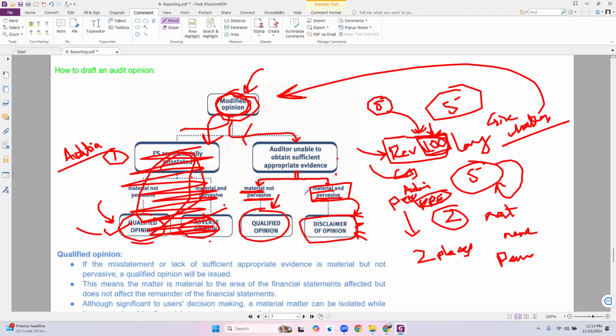I am giving a disclaimer of opinion because I have not been able to gather sufficient and appropriate audit evidence to develop an opinion on whether the financial statements are correct or incorrect. This is why I am disclaiming my opinion, which simply means that the auditor has not given any opinion for these financial statements. Understood?